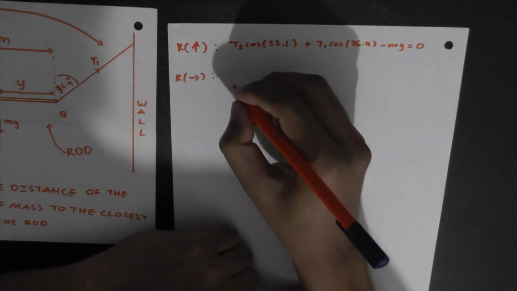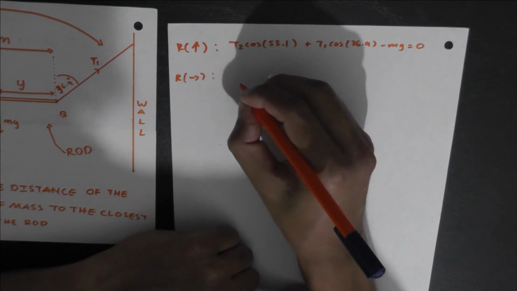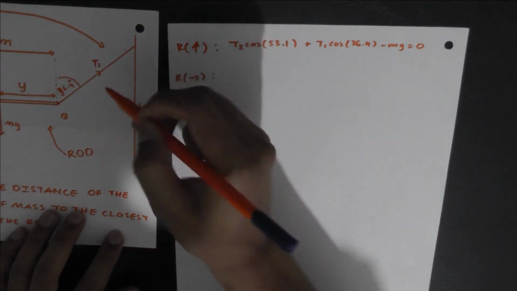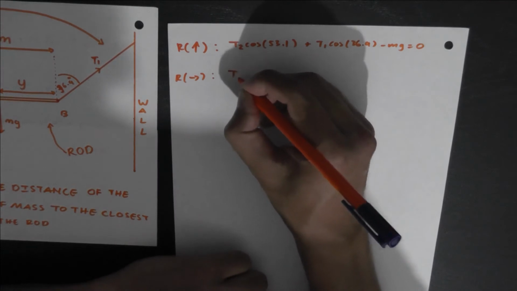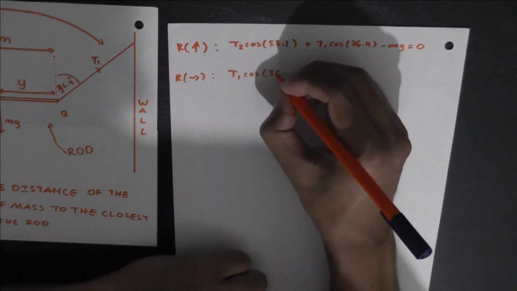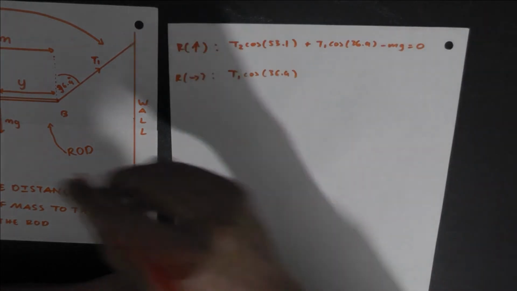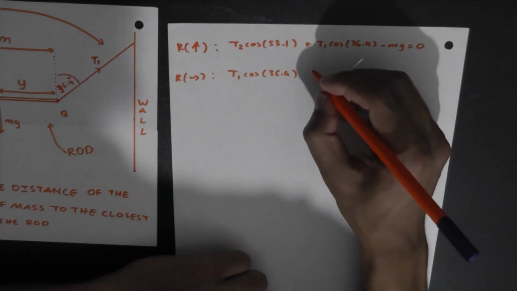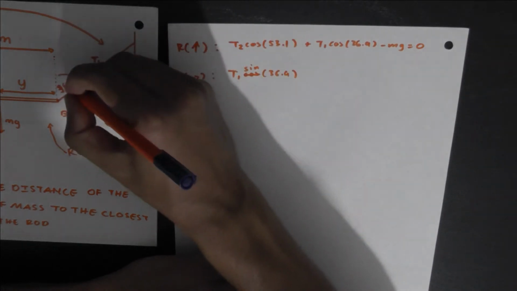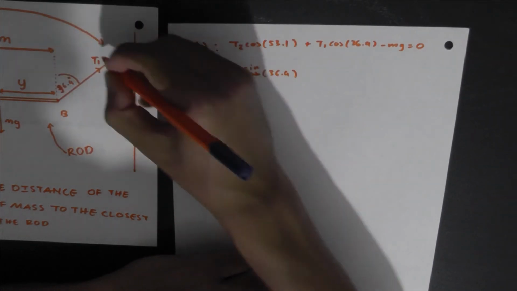So let's do this. If I'm resolving right, the horizontal component of T1 is going to be quite important. So let's do that first. T1 cos 36.9 minus T2, T1 sine, sorry. Sine means that component.